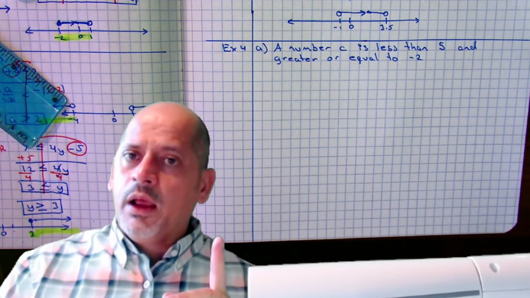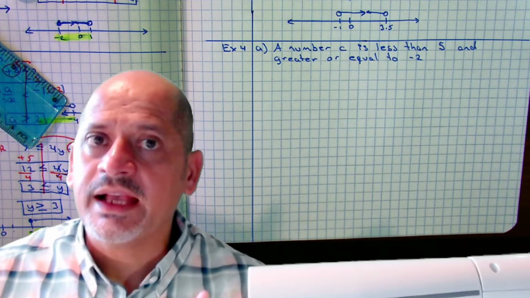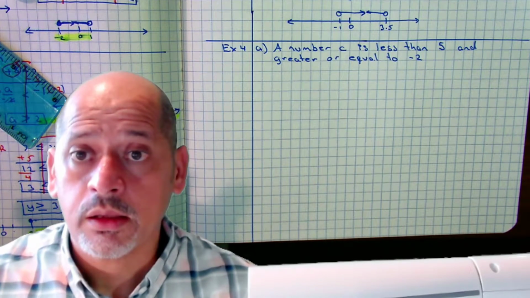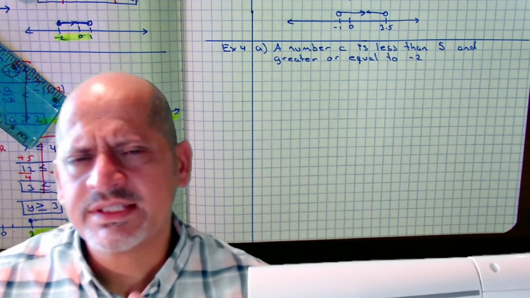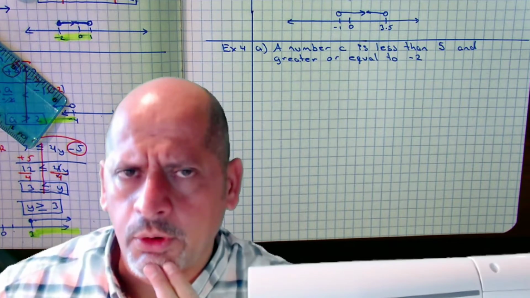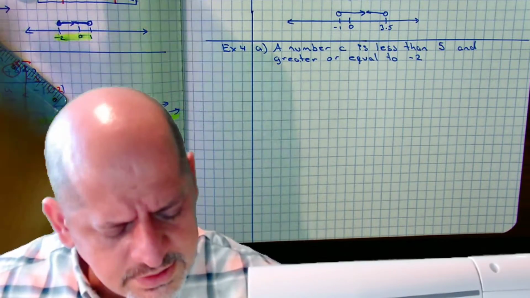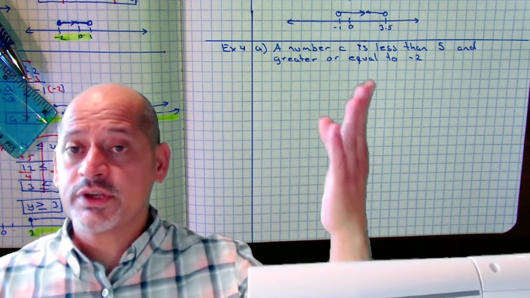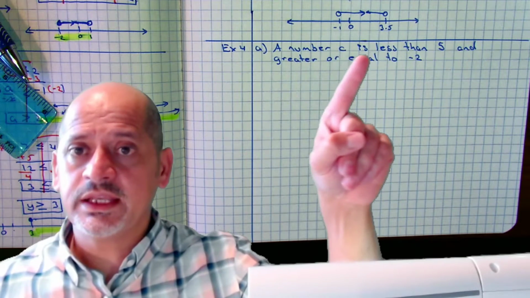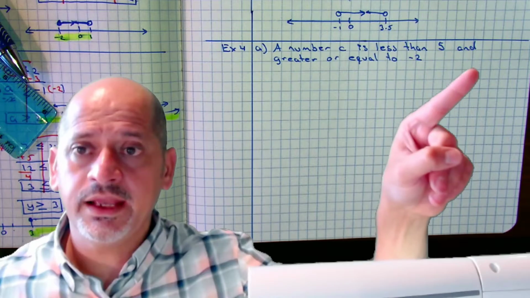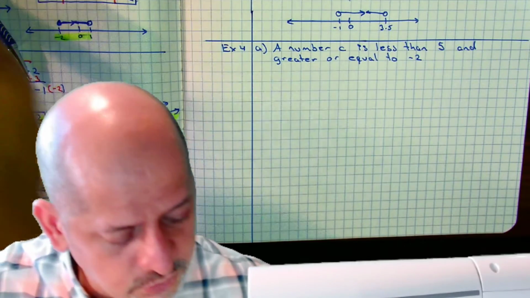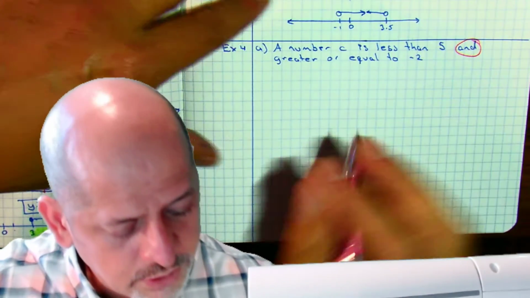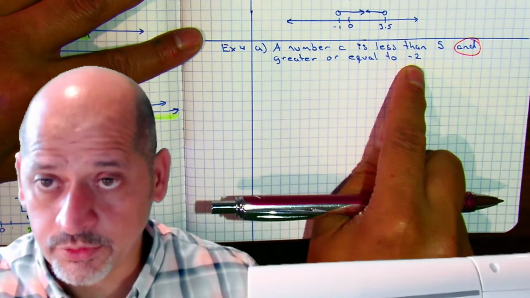So therefore, we need to be able to rewrite it as a compound inequality. So let's see, I need to decide, is this an and or an or? In this case, a number C is less than 5 and, so let's circle and, that's going to be an and, greater or equal to -2.